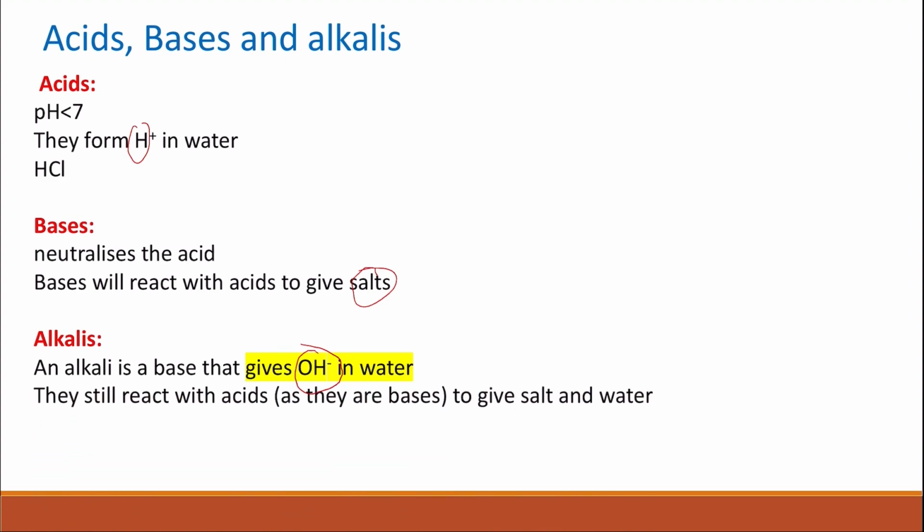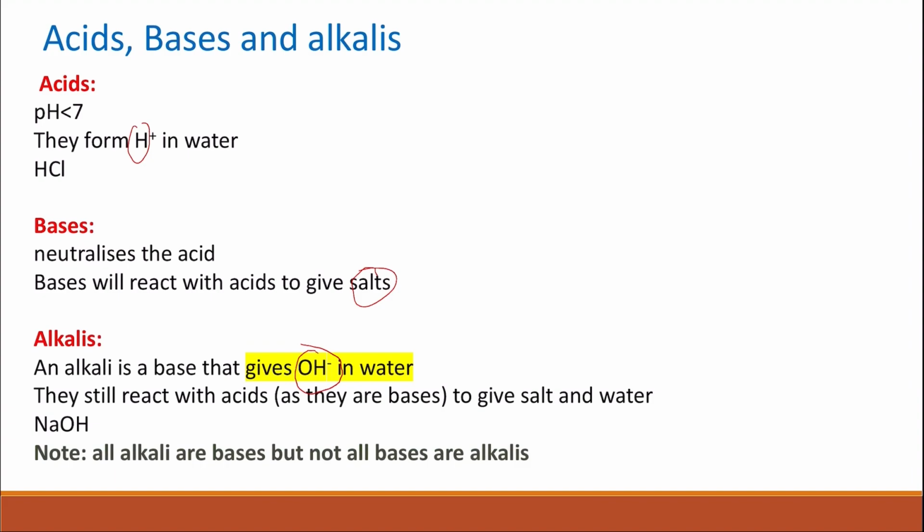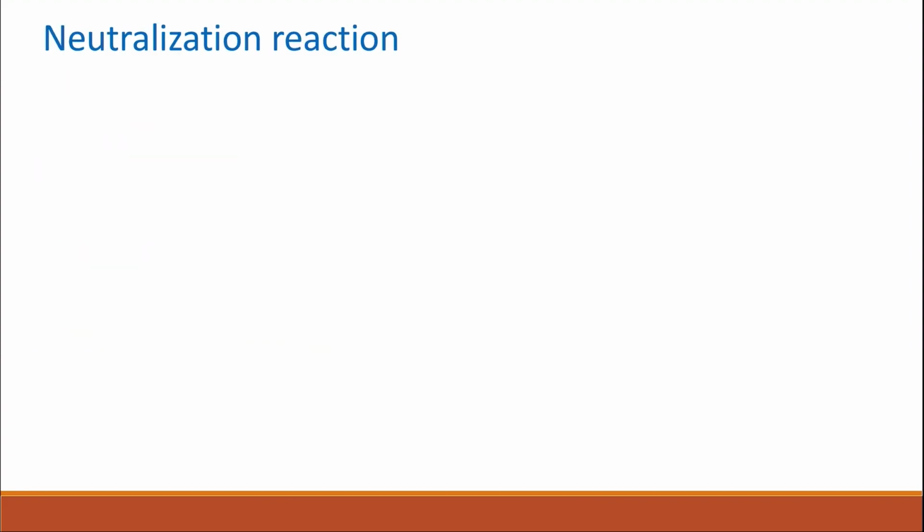Some examples of these alkalis are sodium hydroxide, potassium hydroxide, and so on. So they all will give hydroxide ion in water. And also they will react with acids in the same way as bases because they are still bases, to give salt and water. So all alkalis are bases, but not all bases are alkalis.